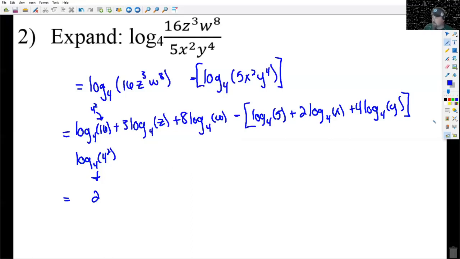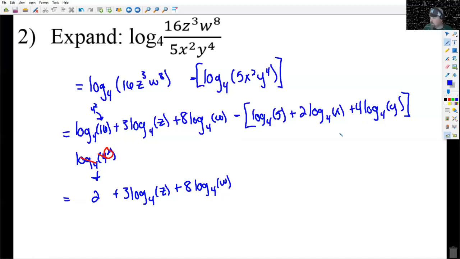Because essentially what's happening here is that this and this cancel each other, and we only get the exponent that's left over. That's not going to happen with anything else. So we're going to get 3 log 4 of z plus 8 log 4 of w.